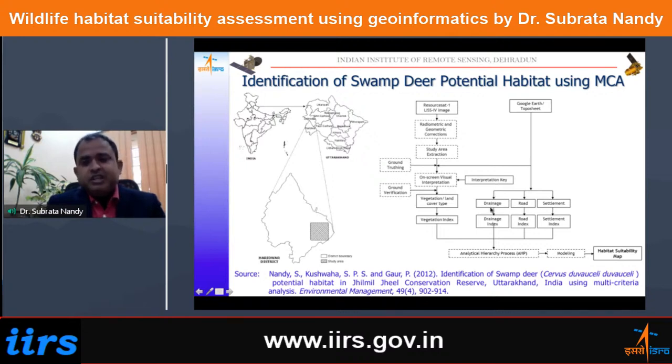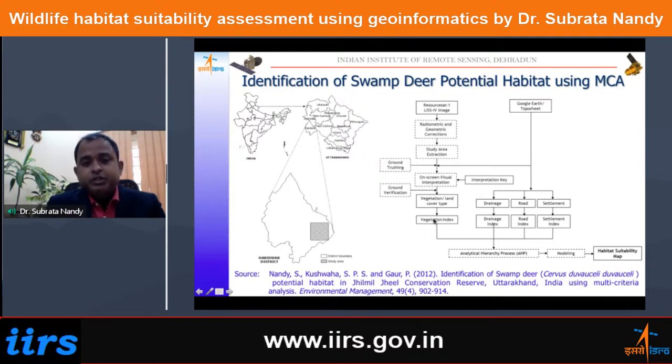Since the area elevation was not considered at all in this area, these are the four variables which are considered: vegetation and land cover type, then drainage, road and settlement. These were standardized into the same index, as I showed in the earlier slide.